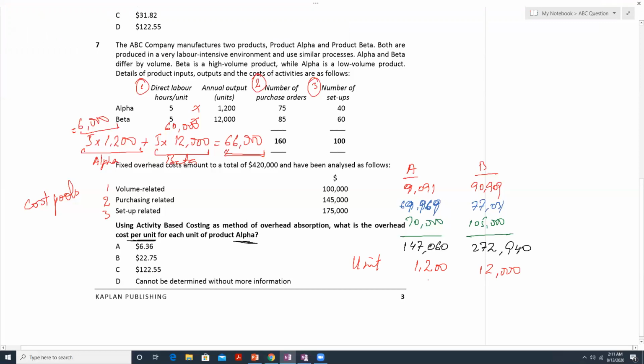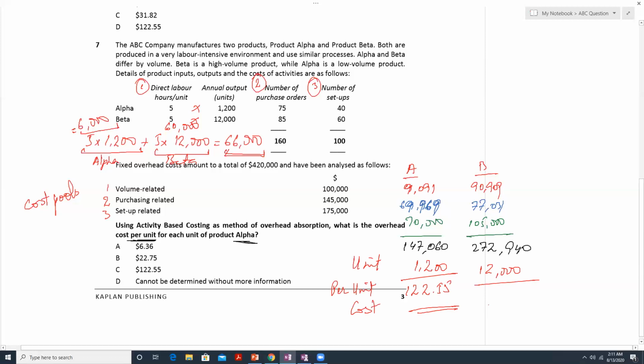Now, what will you get? You will get an answer for per unit cost. You will get an answer that is equal to 122.55 for alpha. This is the per unit cost for each unit of alpha.